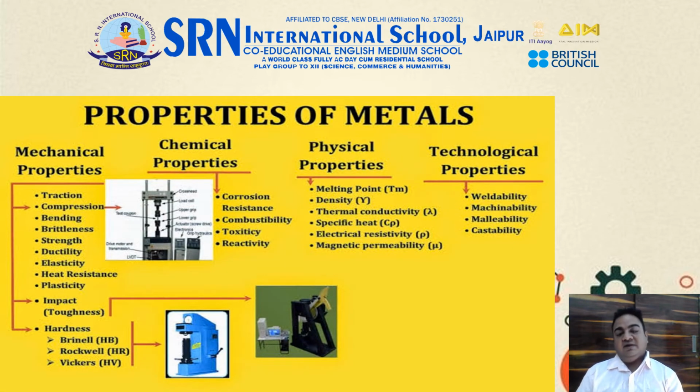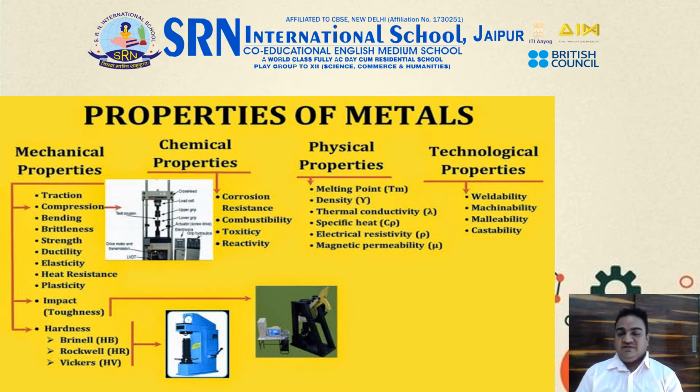Now let us look at properties of metals. Mechanical properties of metals are vividly explained, such as traction, compression, bending, brittleness, strength, ductility, elasticity, heat resistance, plasticity, impact. Chemical properties such as corrosion, resistance, combustibility, toxicity, and reactivity.